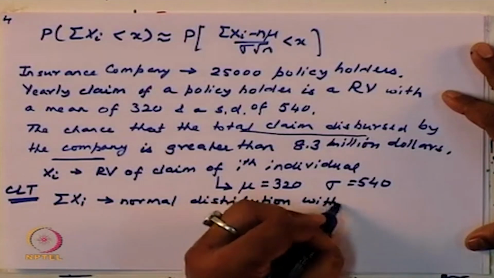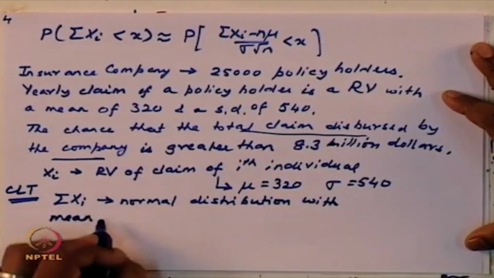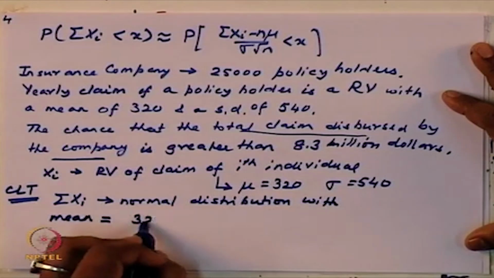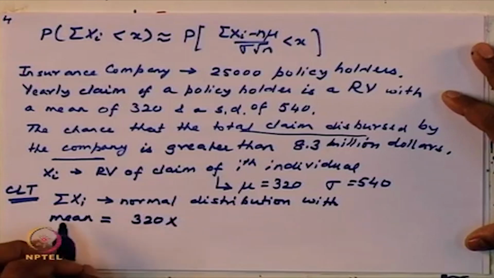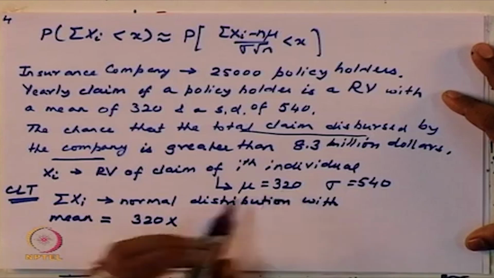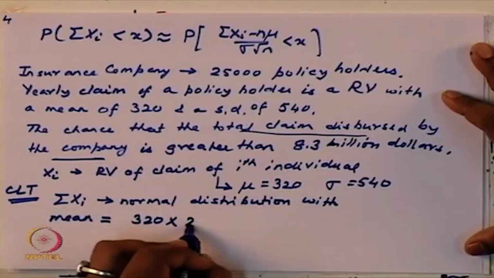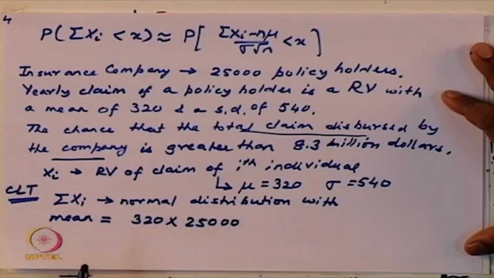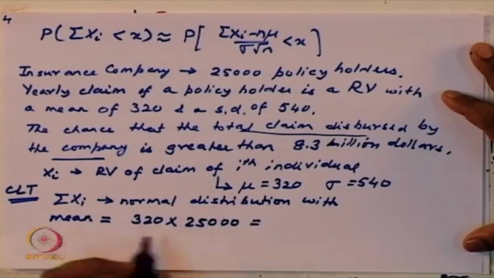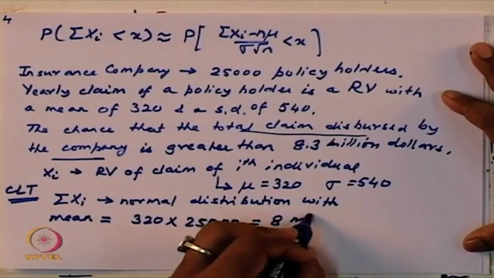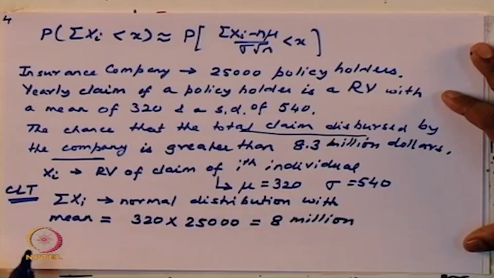Okay. What I can say is summation xi follows a normal distribution, okay, with mean equal to 320 into the total number of policy holders. So, for each xi you have mean as 320. So, for summation xi the mean has to be 320 into 25,000. Okay. So, if you plug in the numbers, this will come to be 8 million. Okay.